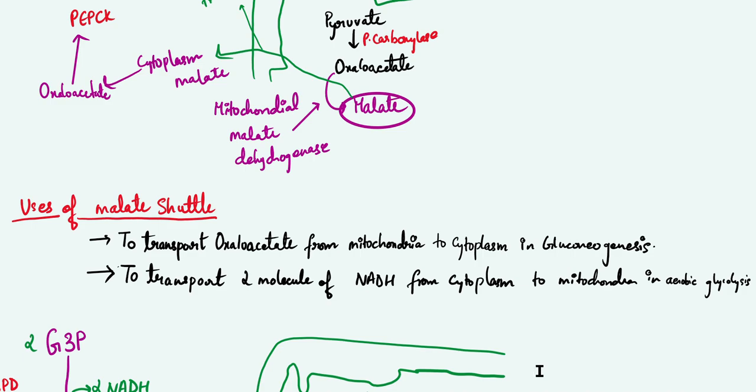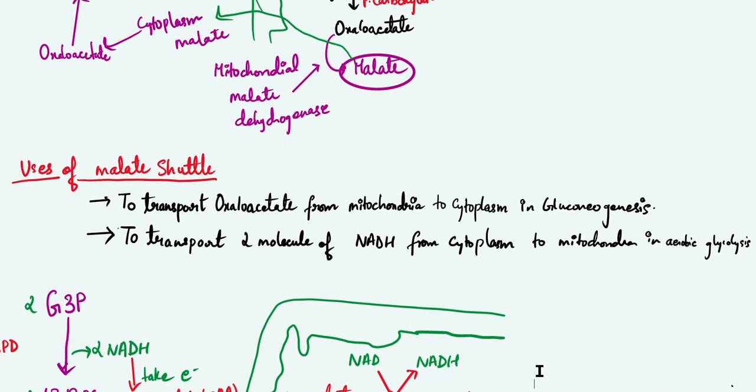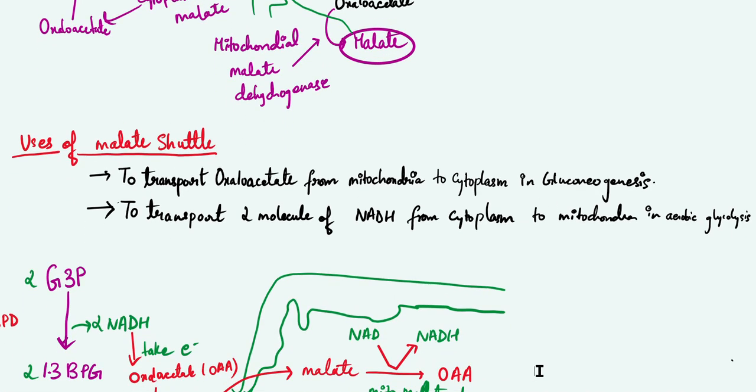ATP generation is also a significance of the malate aspartate shuttle, as NADH transferred into the mitochondria donates electrons to the electron transport chain, which produces 2.5 ATP per NADH. It is also active in organs with high energy demands like the liver, heart, and kidney, which use this malate aspartate shuttle extensively.